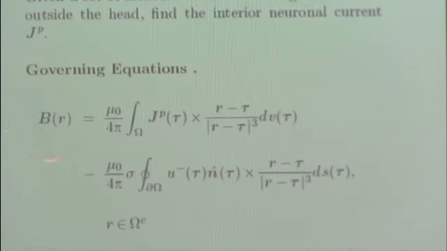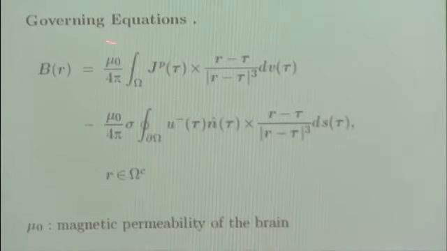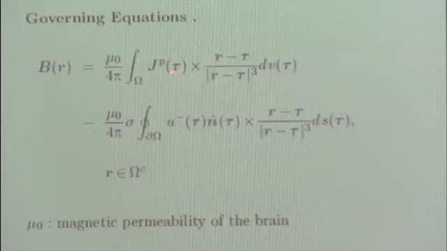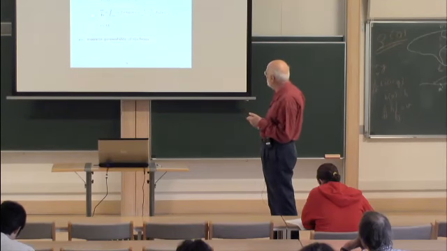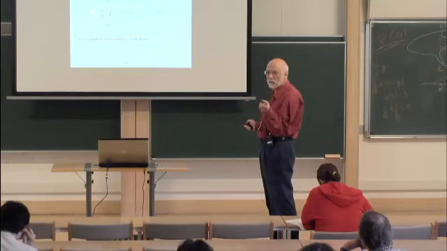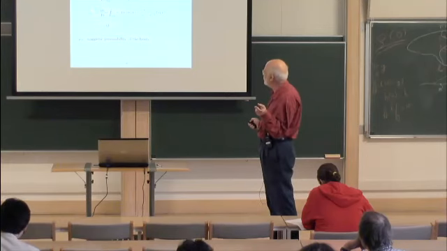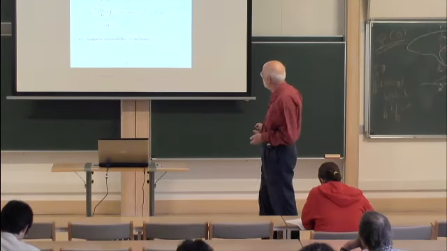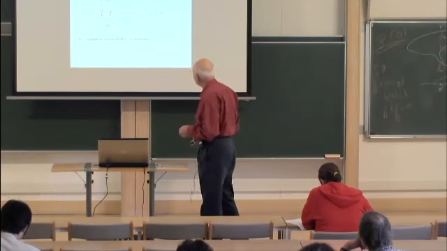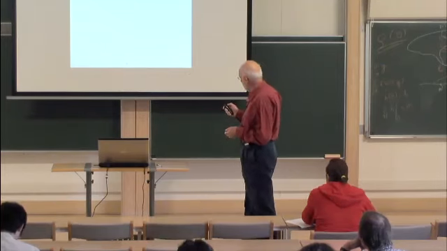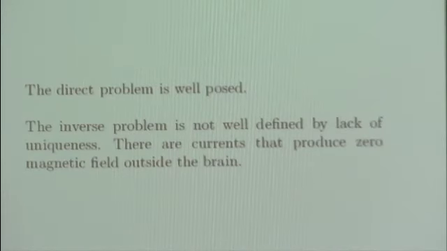The magnetic field has a volume integral part, which is due to the primary neuronal current, and this other part is the secondary induction current, distributed over dipoles over the surface by using integral theorems. Again, the direct problem is well posed, the inverse problem is not.